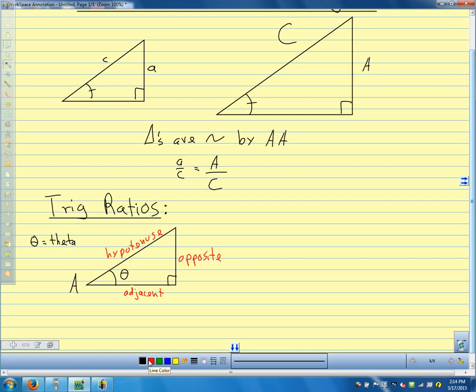So all we're going to do with trigonometry is make ratios of the sides of this triangle and give them special names. So we say the sine of angle A, or the way you usually see it written, sine theta equals the opposite over the hypotenuse.